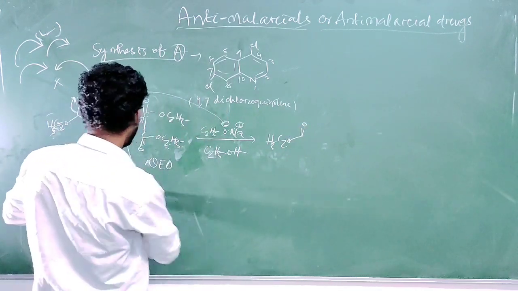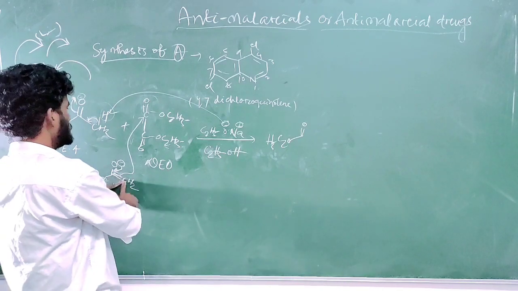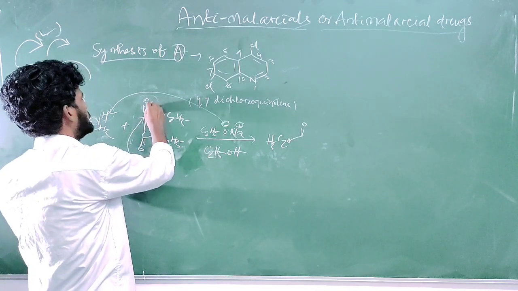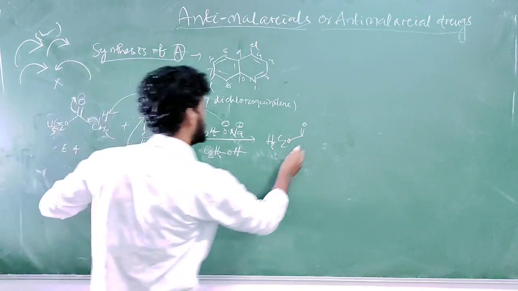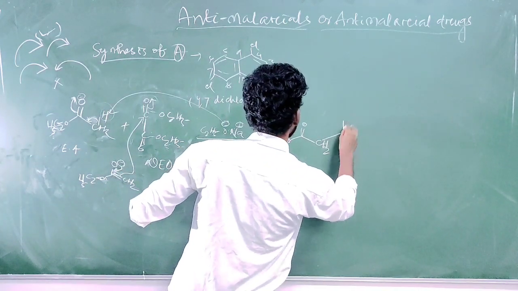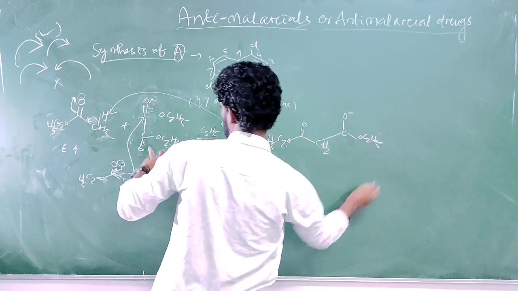Then CH2: this bond breaks from here and attaches to this carbon atom. If it attaches to this carbonyl group, this bond moves over to oxygen as a negative charge. So OCH2, C, O minus, OC2H5.